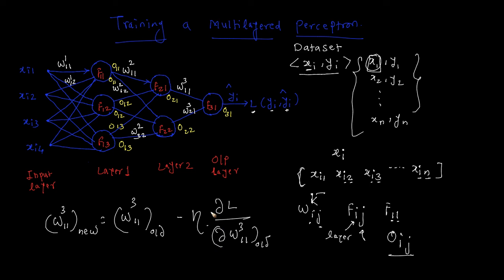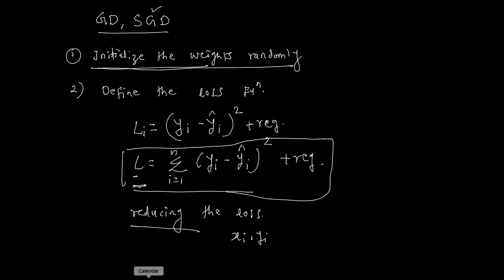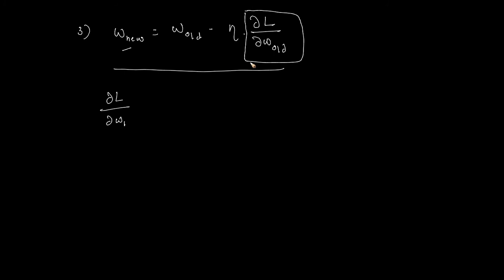So that derivative we have to compute. Similarly, if I want to update this weight, I will use the same formula, and that time I'll have to compute the derivative of loss with respect to this weight. So I'll need to compute the derivatives of loss with respect to all weights, because I'll have to update all weights. So as I said, the crux or important thing is how to compute this derivative.